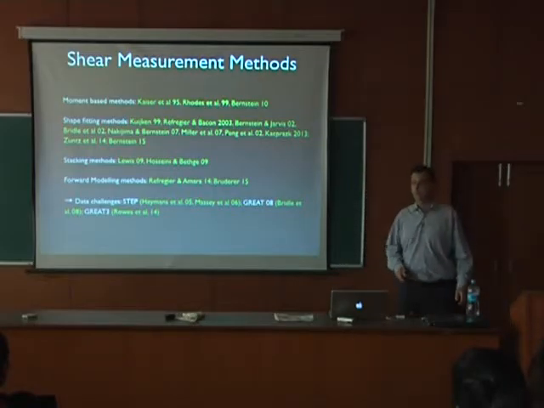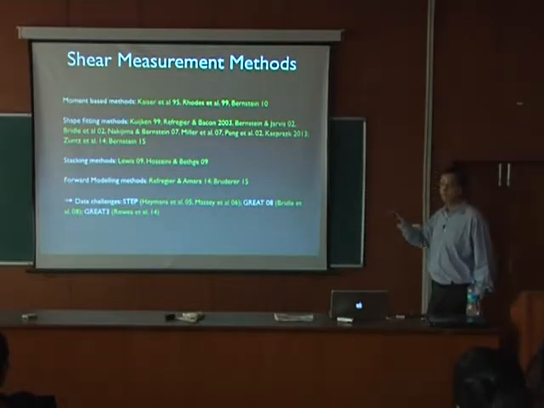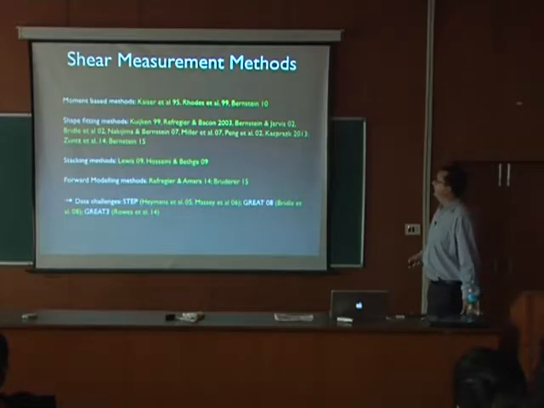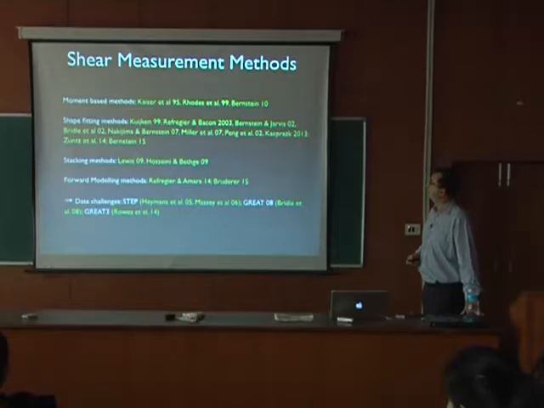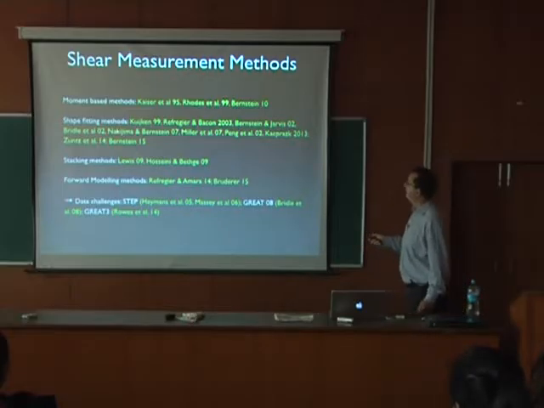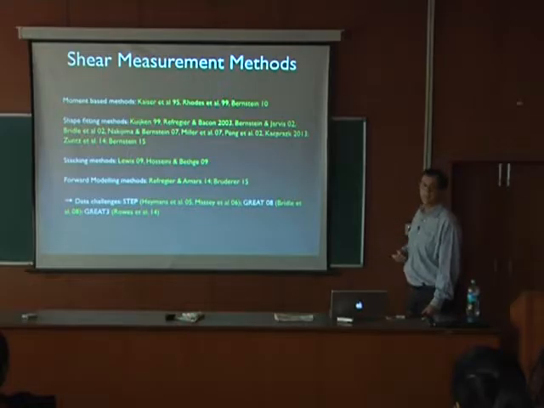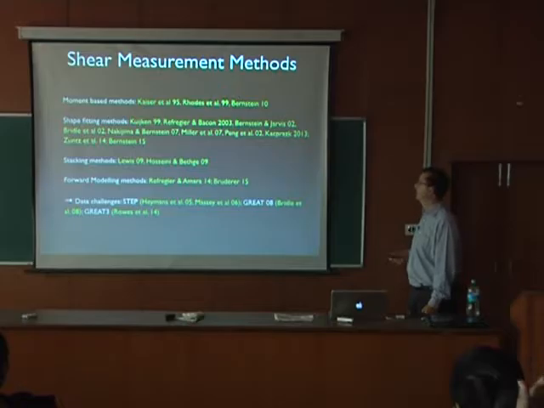There's been a lot of work and a lot of progress, and there are many different methods that have been developed to do this. Here I've classified them into several broad categories. There are subcategories and so on, but I won't go into it. The first category is what was used by the first methods that were developed.